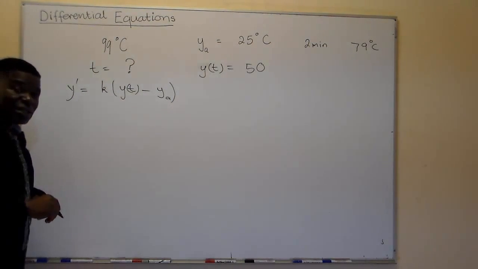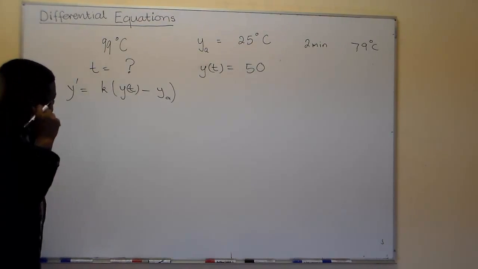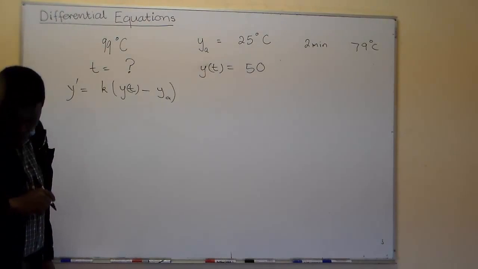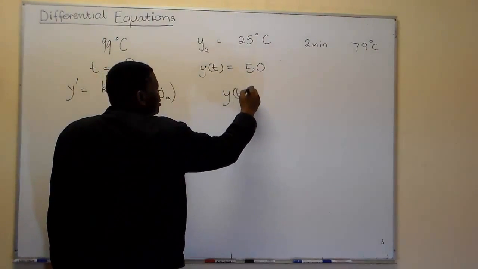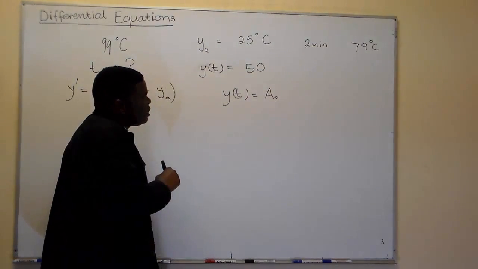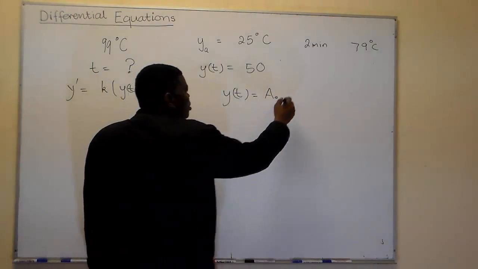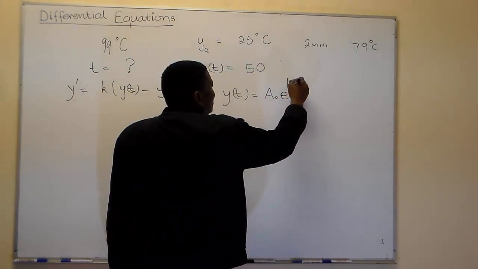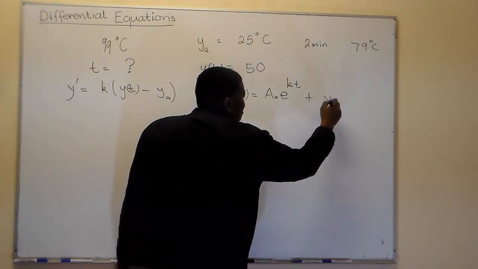And we should also remember that the solution to this equation, the general model solution, was y of t equals a0 e to the power kt plus the ambient temperature.